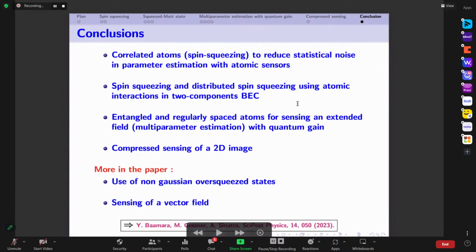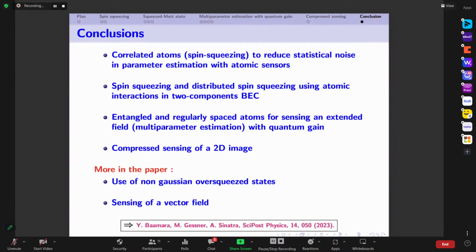I was telling you that one can create these correlations, spin squeezing, using atomic interaction in two-component Bose-Einstein condensates, and even that one can freeze these correlations when the atoms are distributed in an optical lattice.